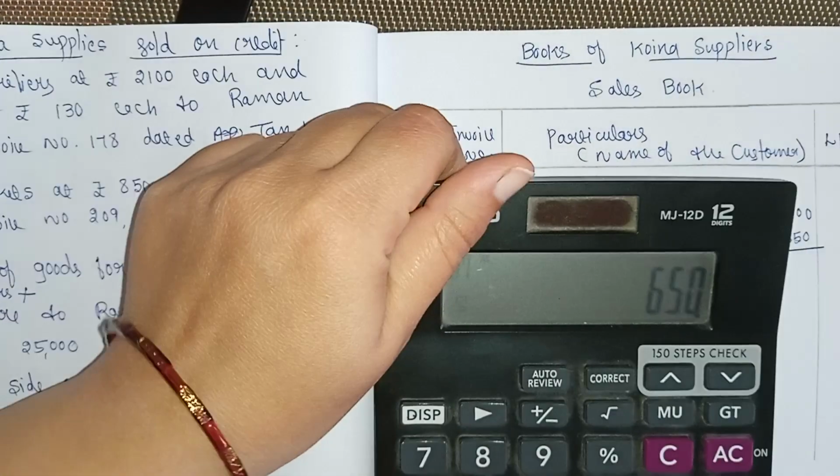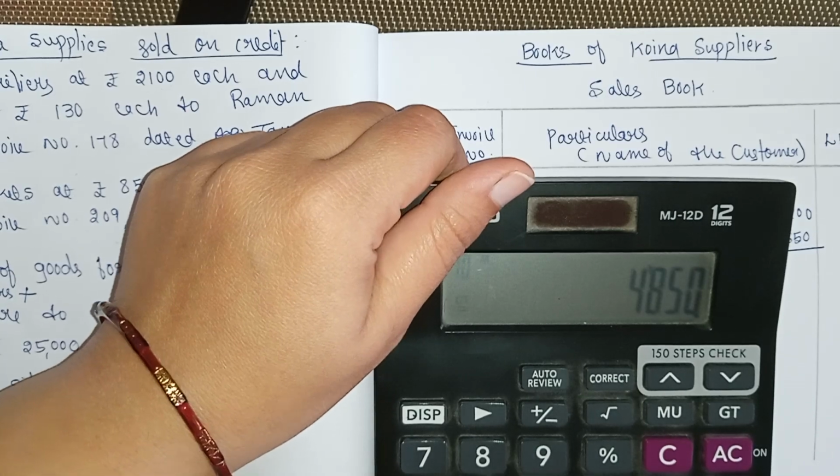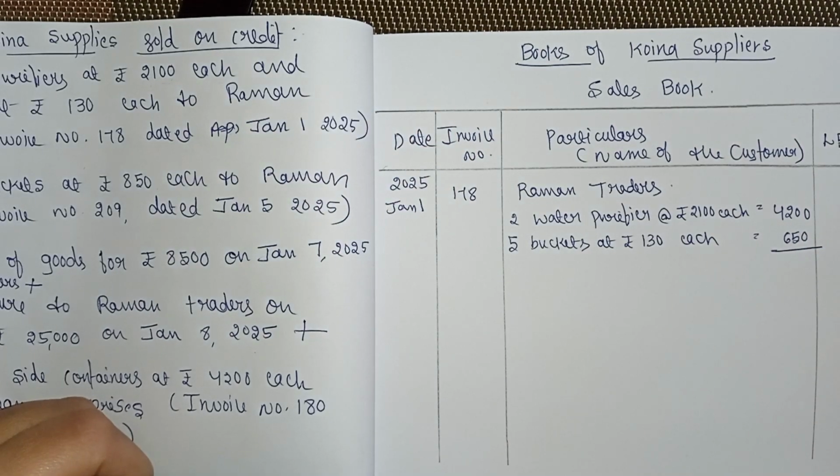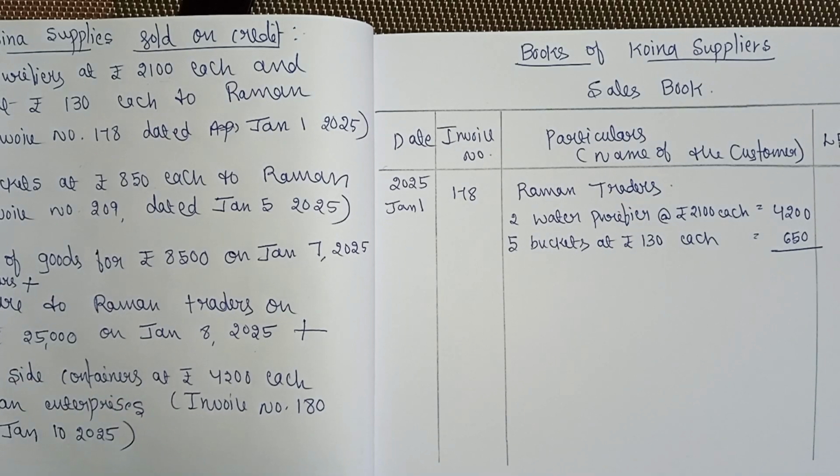So the total amount, 650 plus 4200, is 4850. This is the total amount.